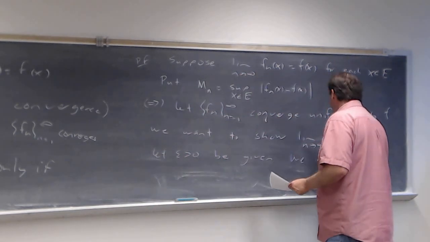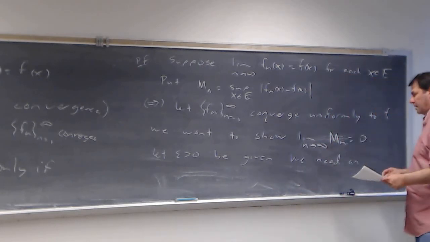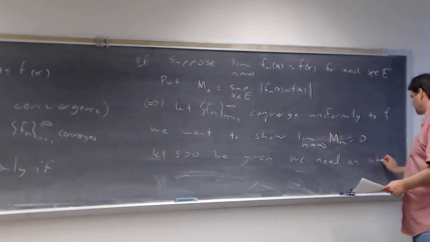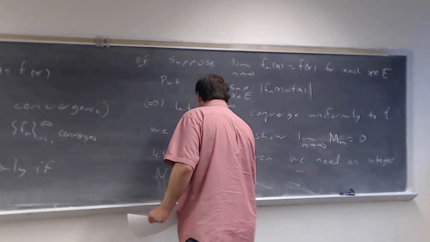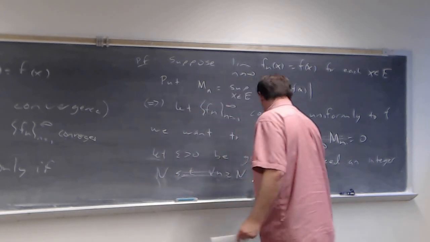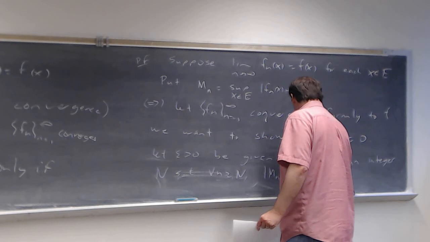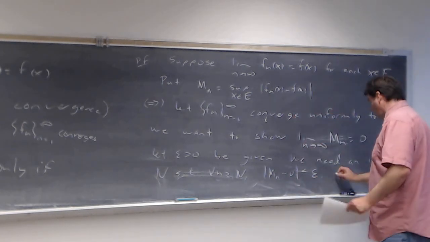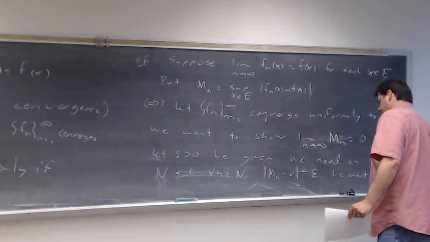This is a sequence of numbers, so we need an integer big N such that for all n bigger than or equal to big N, the absolute value of M sub n minus 0 will be less than epsilon. So we want the absolute value of M sub n to be less than epsilon.